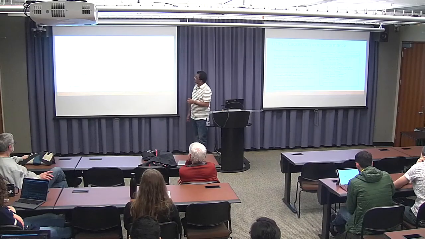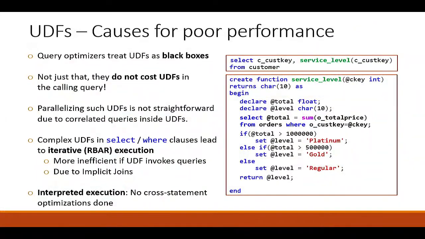So let me just describe that here. So here, as you can see, we are calling this function service level for every tuple in the customer table. So for every tuple, we pass the customer key, and then what this function is doing is that it's looking up all the orders made by that customer, and then computing the sum of total price.